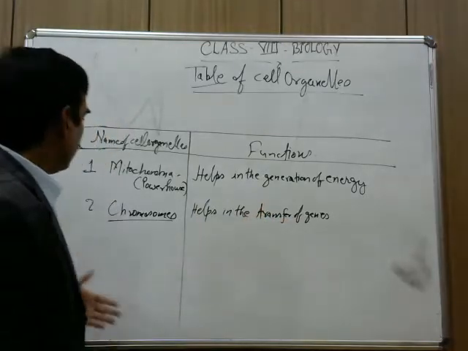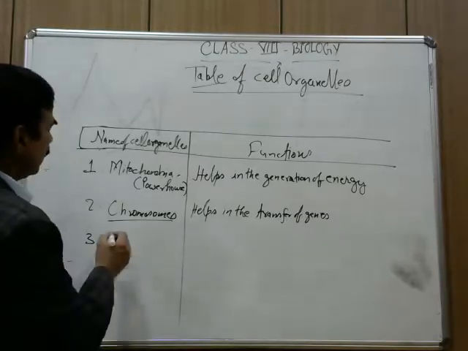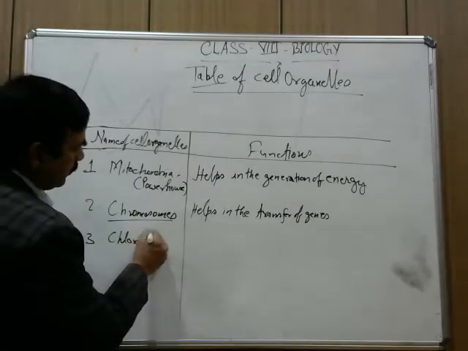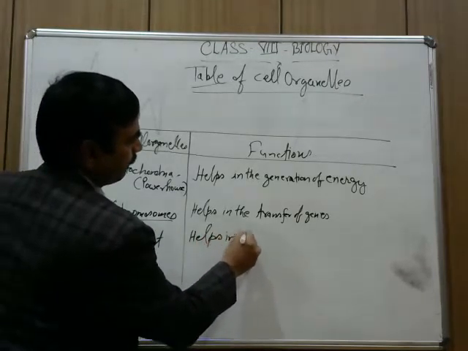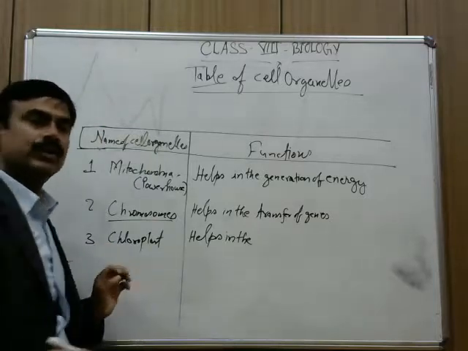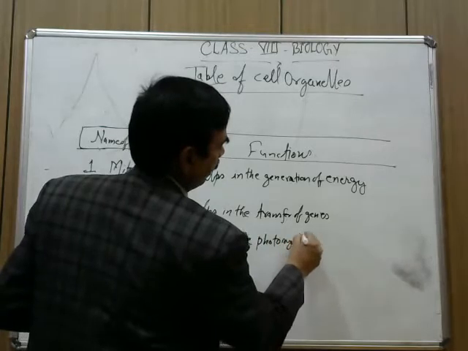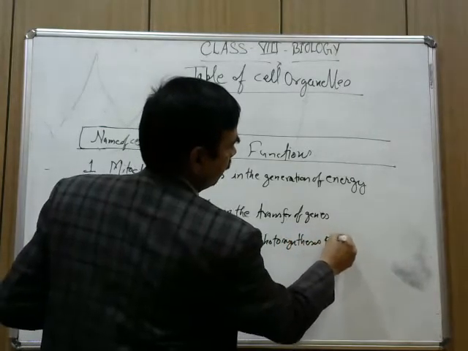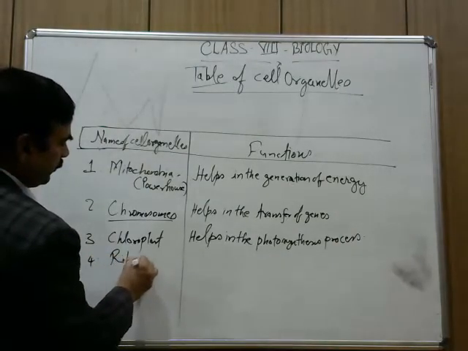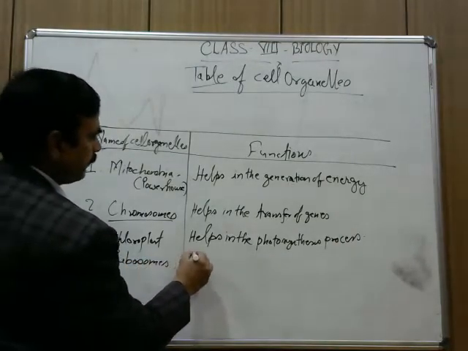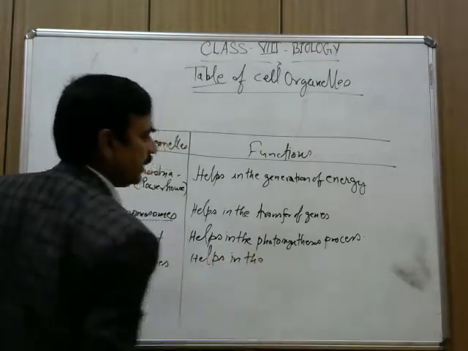Okay? So after chromosome you have to see the chloroplast: helps in the photosynthesis process. Ribosome helps in the protein production.